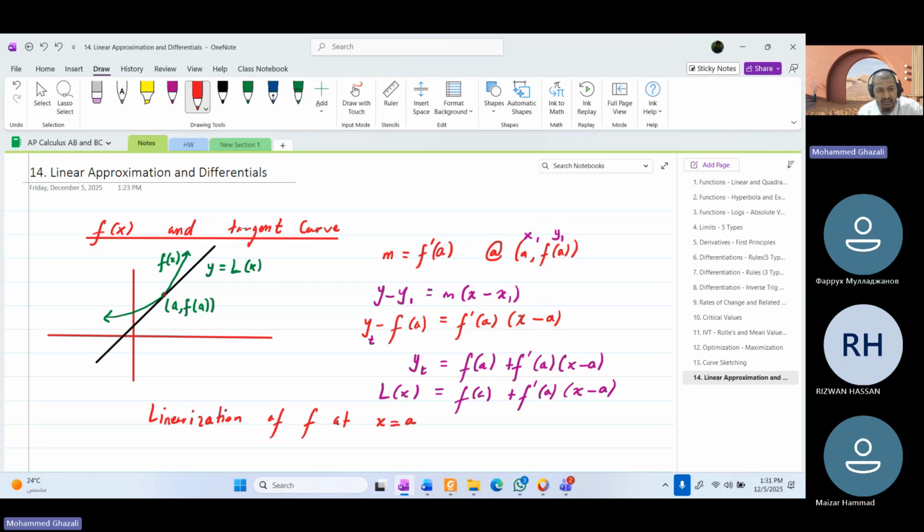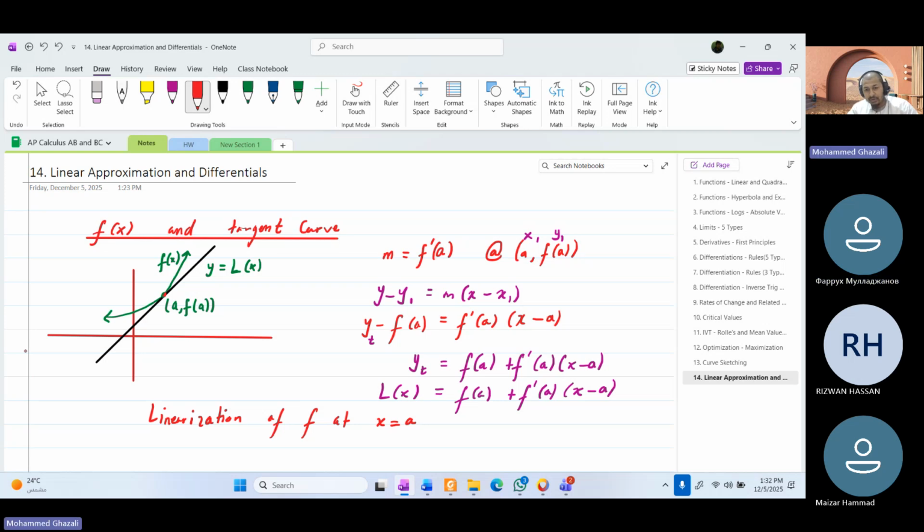When the value is near a, obviously f of x is approximately equal to the linear function near a. If the value is near a, then this is the linear approximation of this function. Now, remember, there are multiple linear approximations. It depends where you are taking the point. Are we good, guys? You understanding?